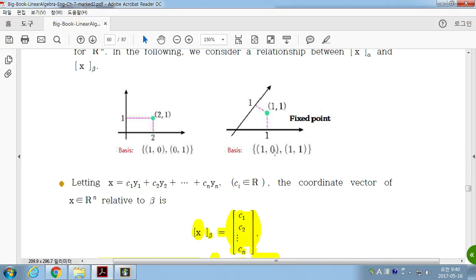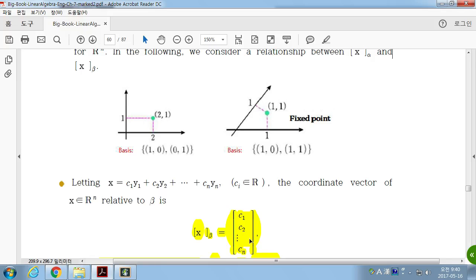Then that also gives you the same green point. So the coordinate vector of the same point with respect to this basis is not 2, 1. It is 1, 1. So the coordinate vector with respect to alpha and the coordinate vector with respect to beta are representing the same point. Clear?